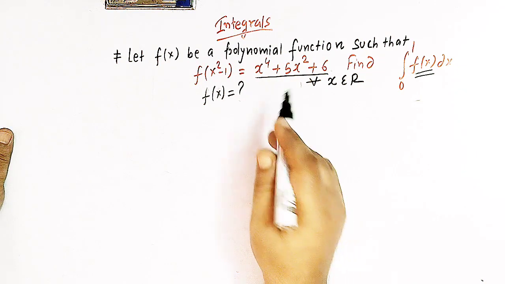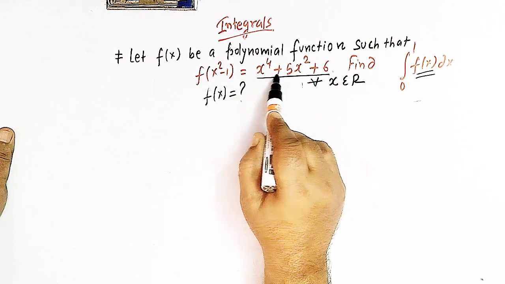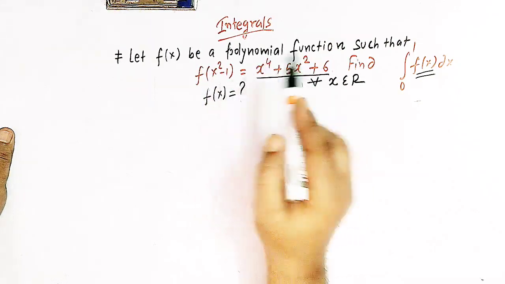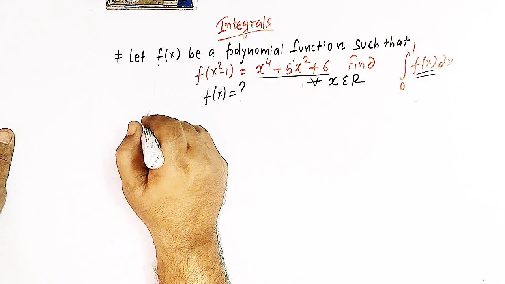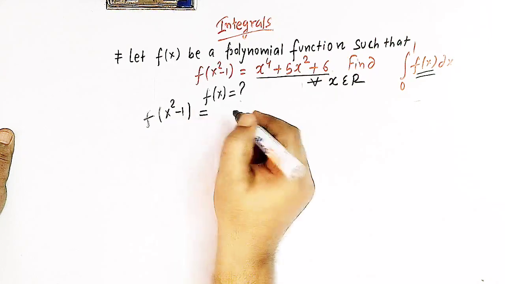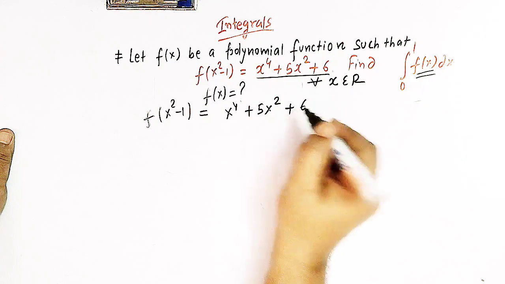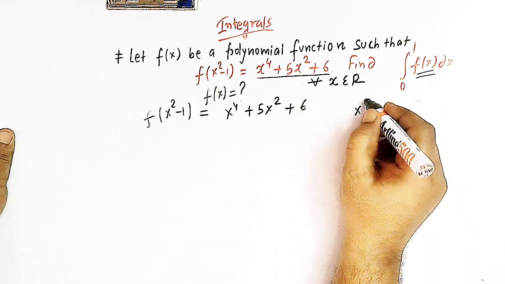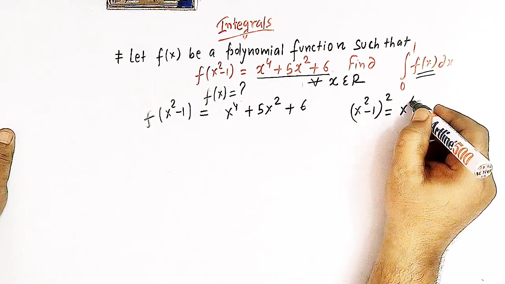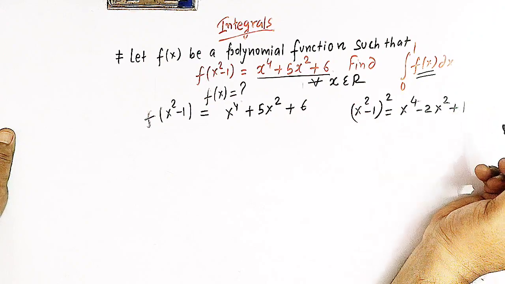So here what we can do, let us try to write this expression in terms of x square minus 1, right? See, we have f of x square minus 1 is equal to x raised to 4 plus 5x square plus 6. So now we can write x square minus 1 whole square as x raised to 4 minus 2x square plus 1, right?